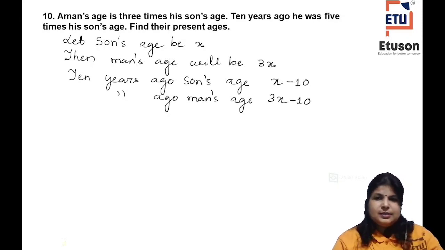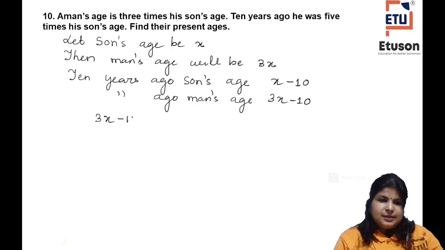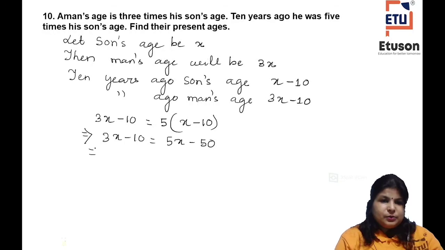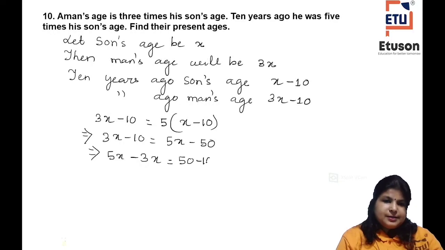Then what is the relationship? Actually he was 5 times his son's age. So now this 3x minus 10 is nothing but equal to 5 times x minus 10. Okay, so solve the equation. 3x minus 10 is equal to 5x minus 50. So 5x minus 3x is equal to 50 minus 10, that is 40.